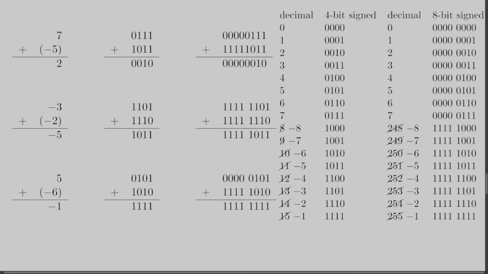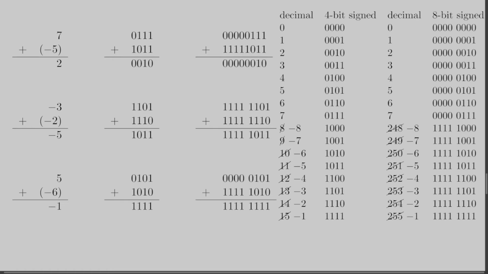The result is 0010, and that represents decimal number 2, which is what we expect when we add 7 and negative 5. It also works in other combinations, negative plus negative and negative plus positive.